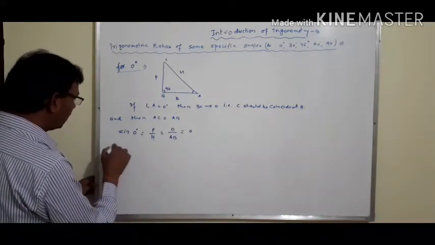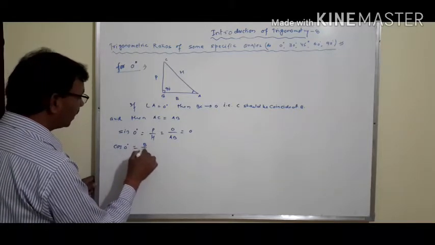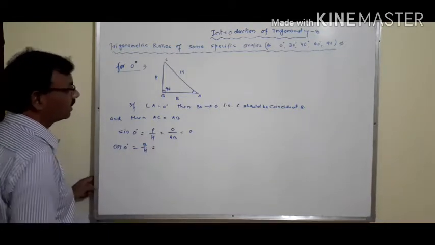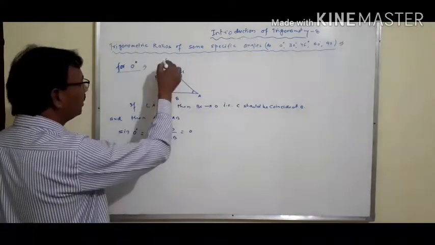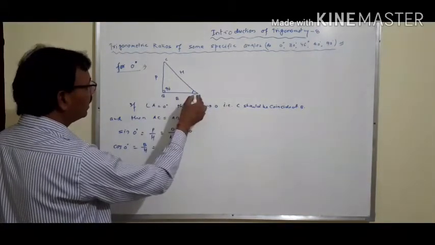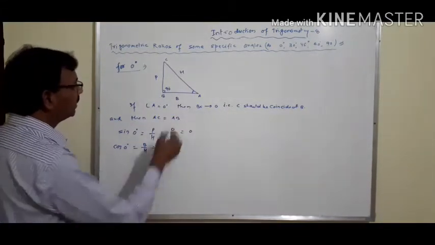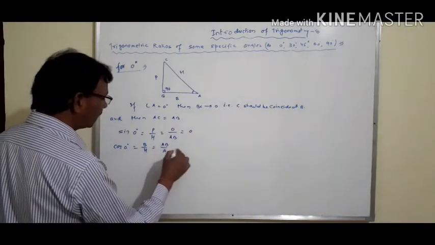In the same way, cos of 0 degree equals base upon hypotenuse. If this angle equals 0, then BC will be 0 and AC will be equal to AB. That means AB upon AC.